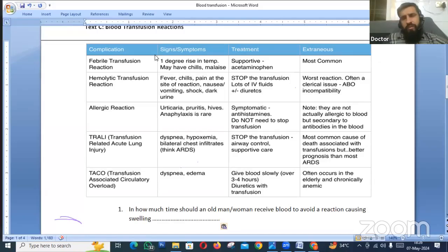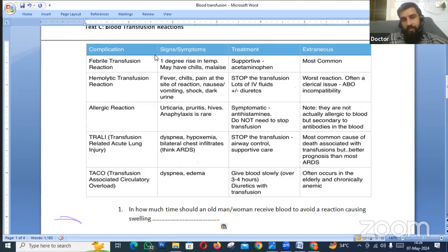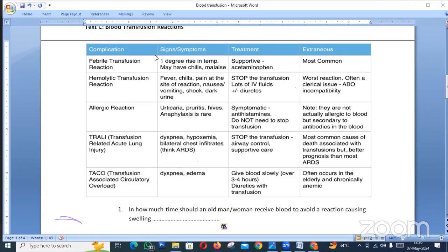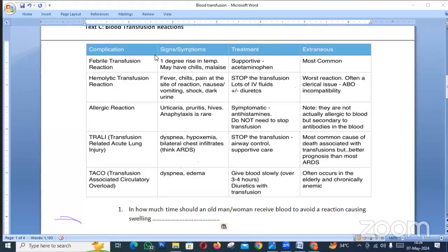No, you don't need to explain, just tell me what is your answer. Just answer, no explanation. 3 to 4 hours. Don't change, please. What was your answer? Your answer was TACO, transfusion associated circulatory overload.